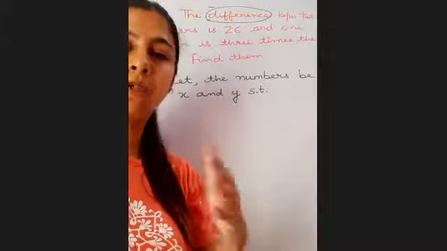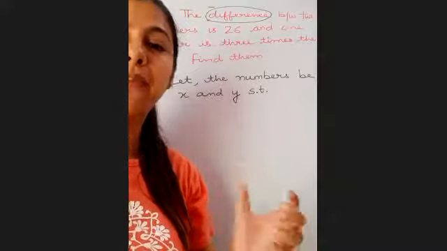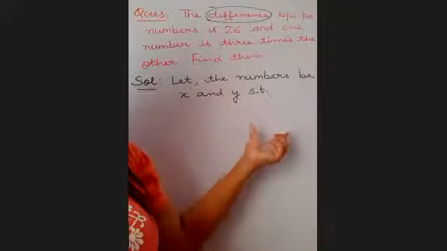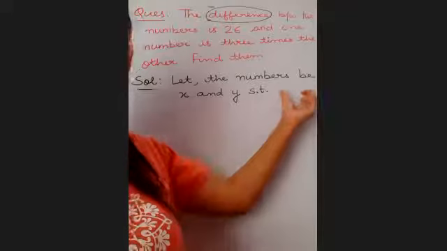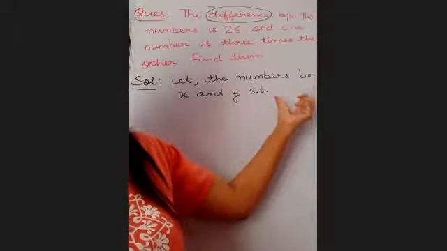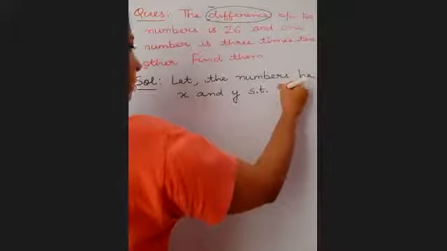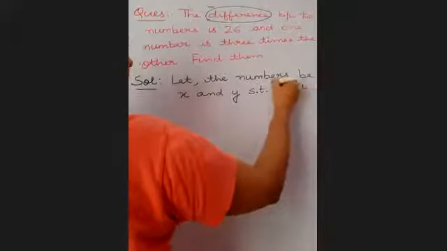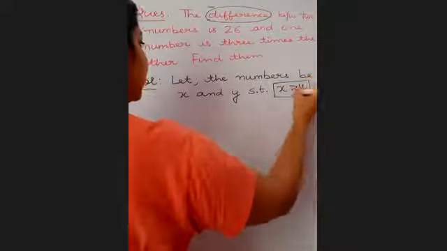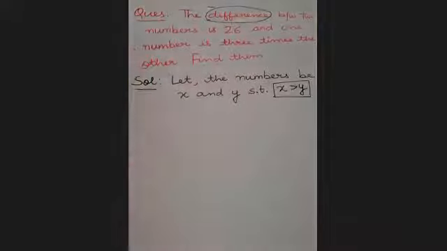That is how we are finding the difference. So just define which number you are taking greater. Suppose I am taking X to be greater than Y. So do define this, that we are taking X to be greater than Y.